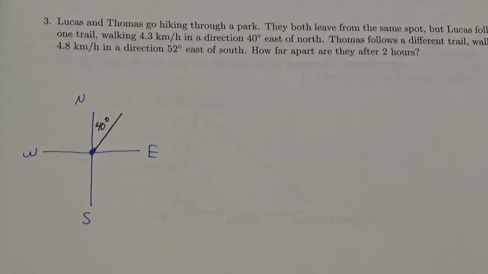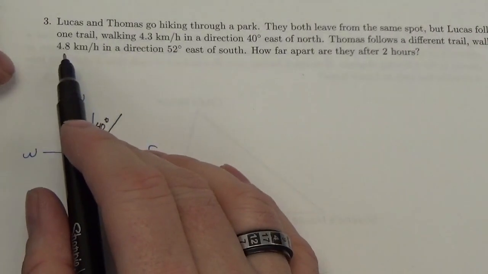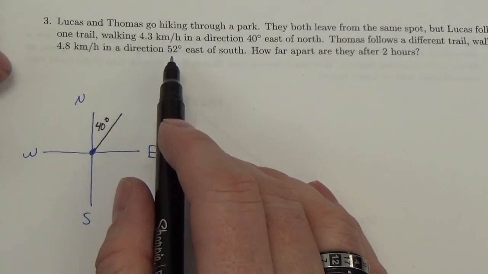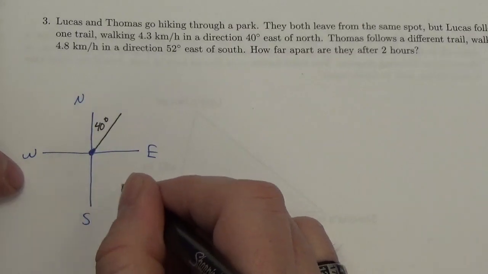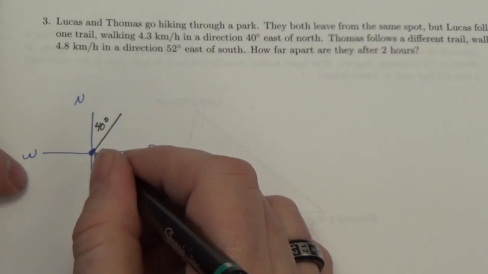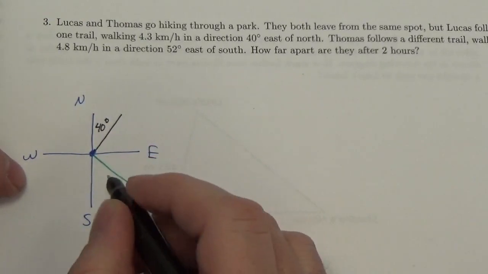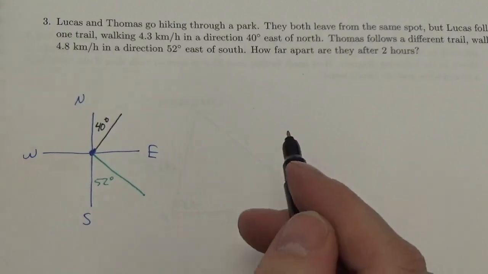Thomas follows a different path, going 4.8 kilometers an hour in a direction 52 degrees east of south. So east of south means I start on south and I rotate 52 degrees towards east. So that's going to go like this, where this angle here is 52 degrees.